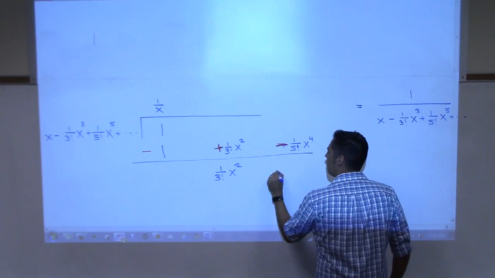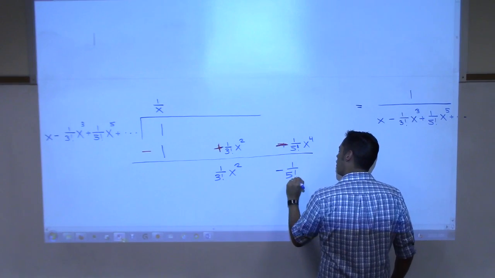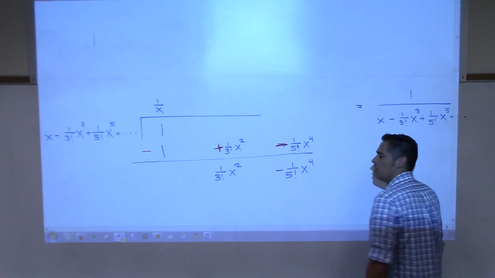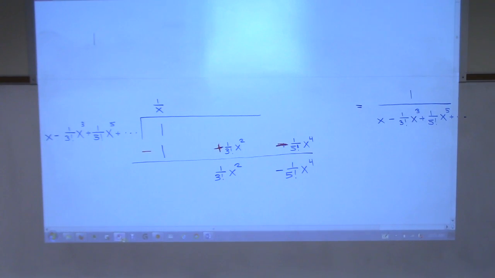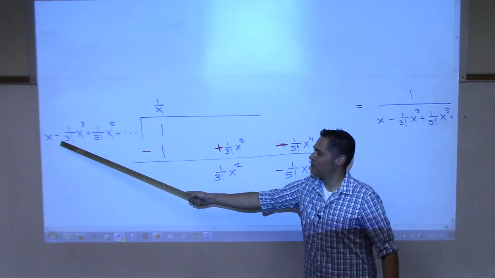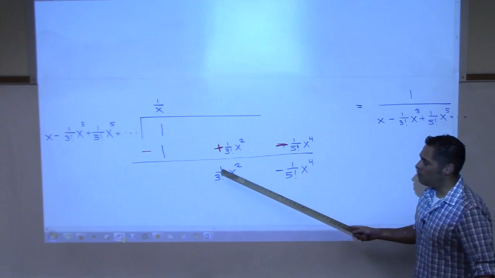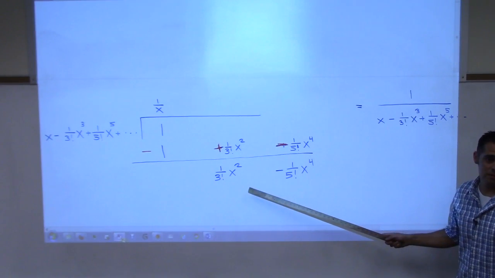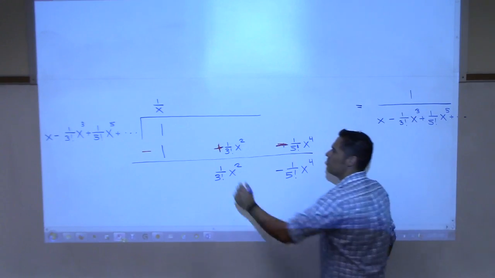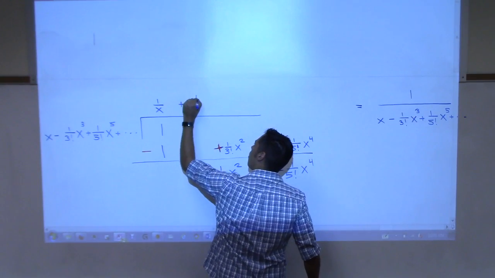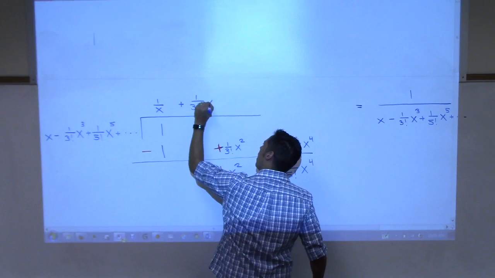Add down here, I get minus 1 over 5 factorial x to the 4th. Are y'all still with me? Yes. What do you have to multiply x by to get 1 over 3 factorial x squared? 1 over 3 factorial x. So plus 1 over 3 factorial x.